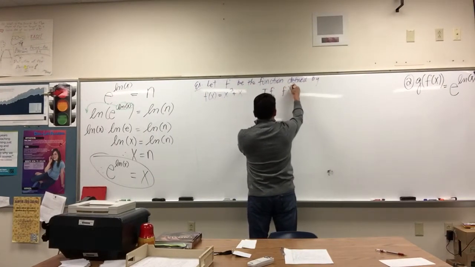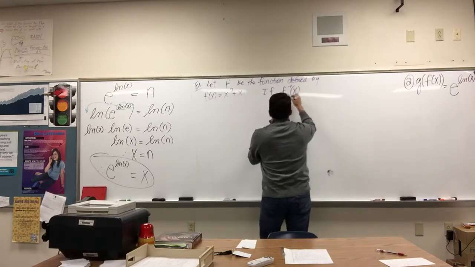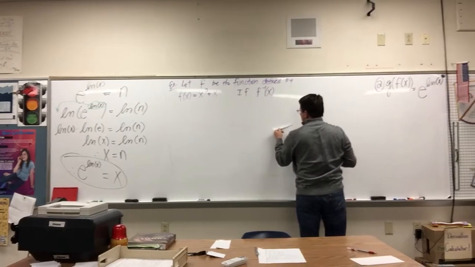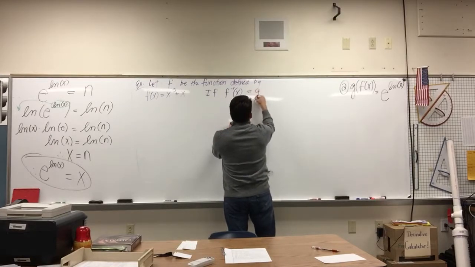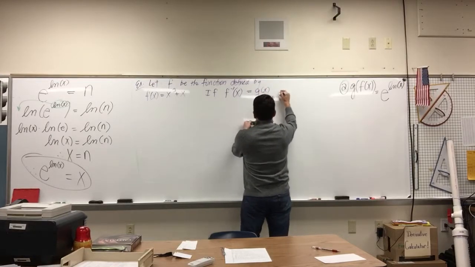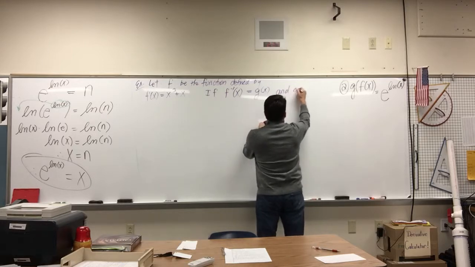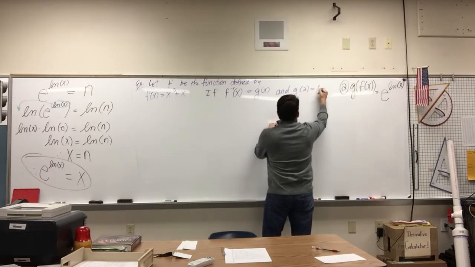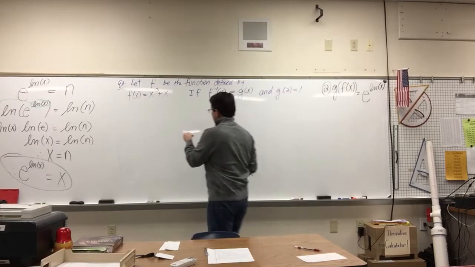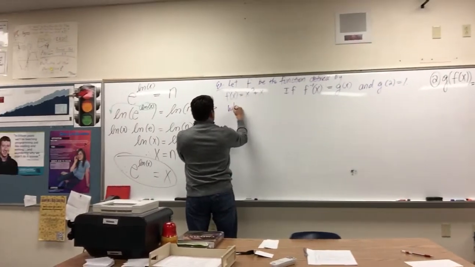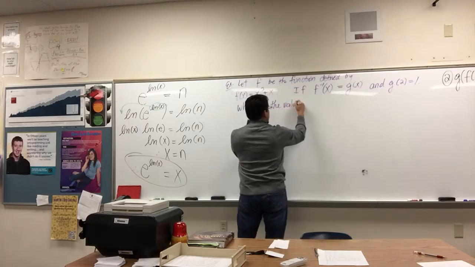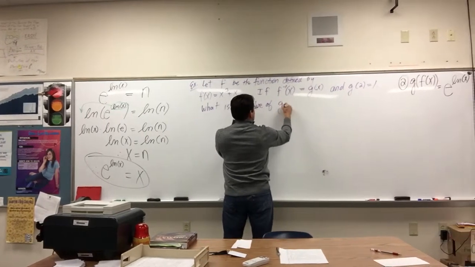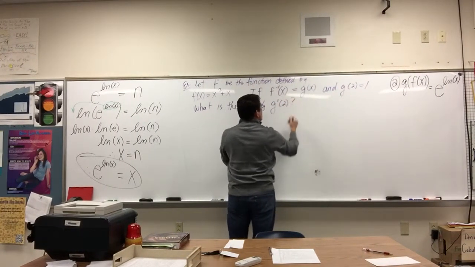If f inverse of x, remember that notation, that -1, is equal to g of x, and g of 2 is equal to 1, what is the value of g prime of 2?